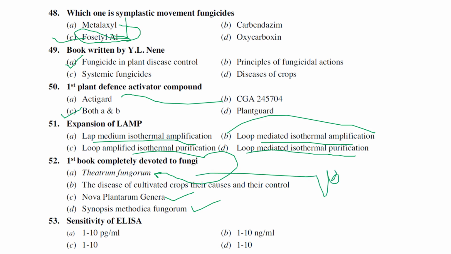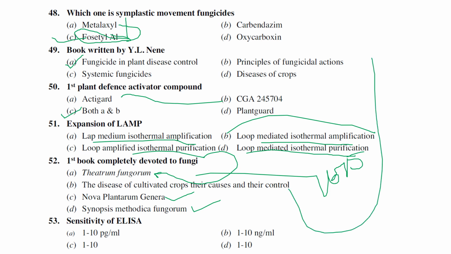Before also there are a couple of books, but they were like a mingling of all the concepts, involving plants, some classification and other things. But this is the first recorded book to be completely devoted to fungi, Theatrum fungorum.